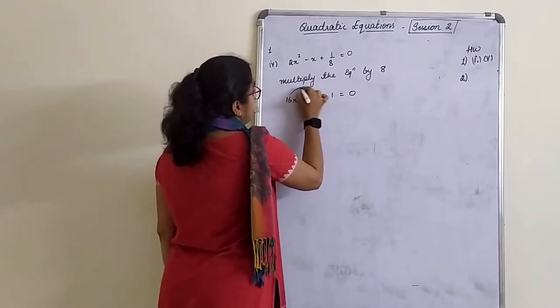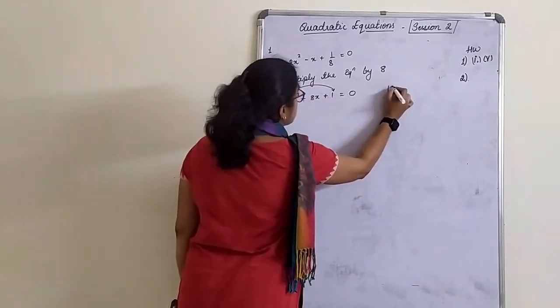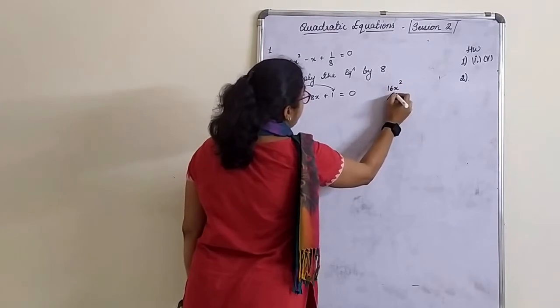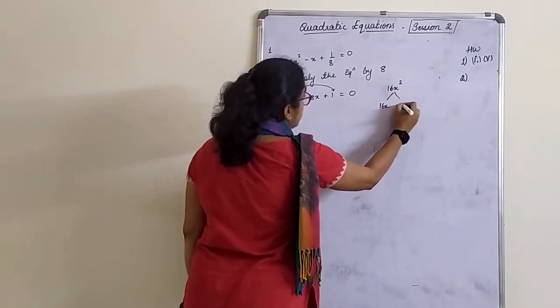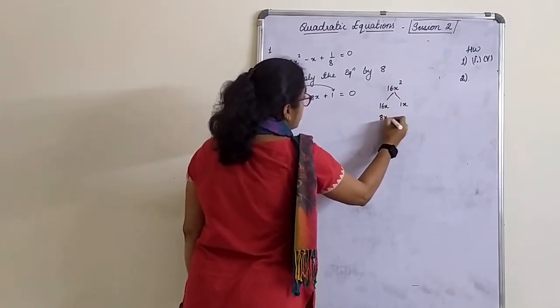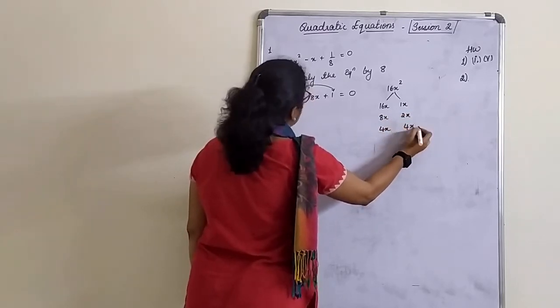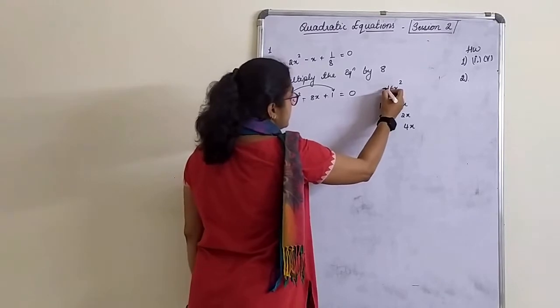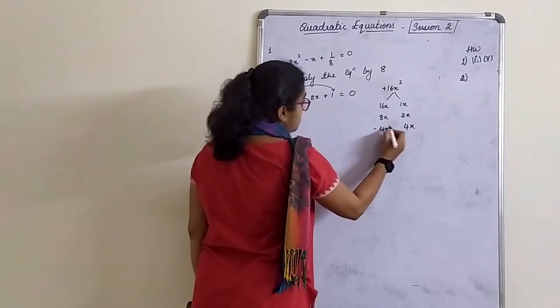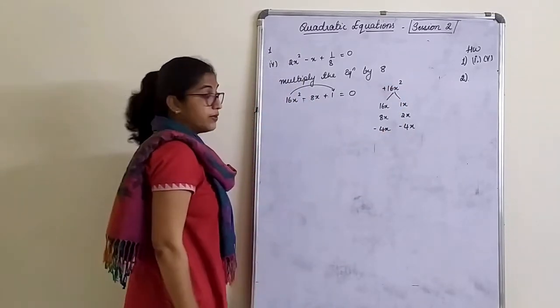So multiply again first and last term, 16x square, factors of 16: 16 ones are, 8 2s are, 4 4s are. So you want plus 16x square minus 8x minus 4x minus 4x will give you.